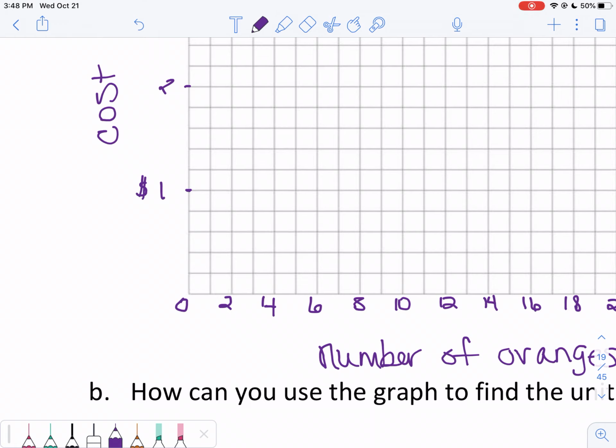I did my labels in this purple, so let's do our actual graph in a different color, so that way we don't confuse our little tick marks for where our numbers are. Okay, so 5 oranges, so 5 was down here, so I'm going over 5 for oranges. 5 oranges cost $1.